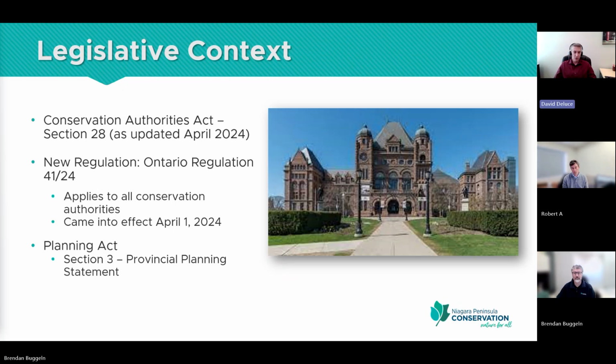So before April 1st, 2024, each conservation authority had its own regulation, which set out specific standards for that jurisdiction. Now all conservation authorities across the province are subject to one regulation, which provides more consistency and better insurance that if you go through a permit with one conservation authority, you should expect relatively the same process with another one.